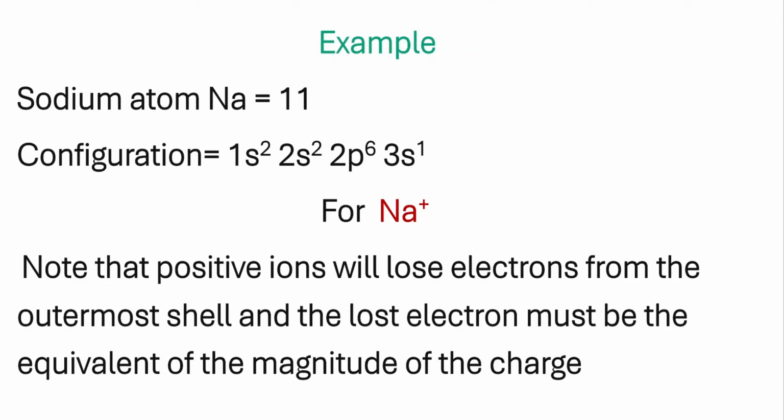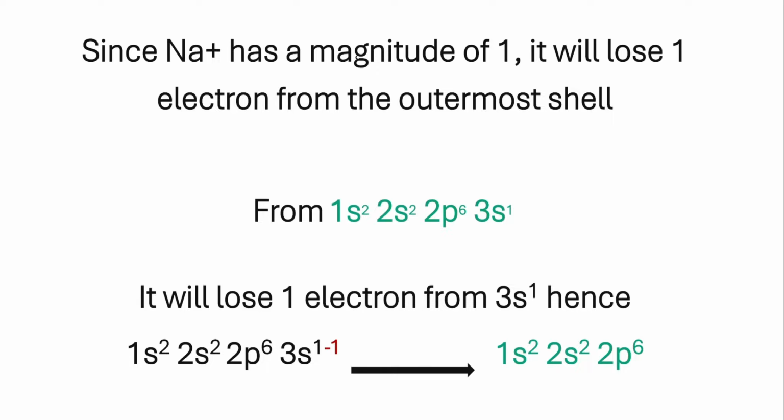So let's deduce the electronic configuration of sodium ion. Sodium ion, being a cation, is going to lose electrons equivalent to the magnitude of its charge. So what's the magnitude of the charge of sodium ion? It is +1, so it's going to lose one electron from the outermost shell, which is the 3s orbital. After losing an electron, it becomes 1s2, 2s2, 2p6.